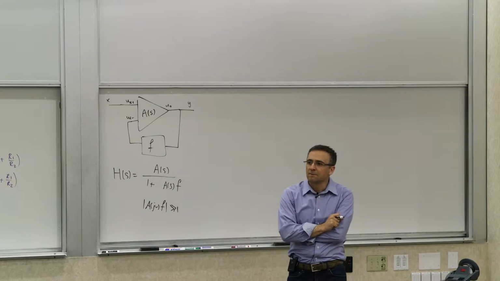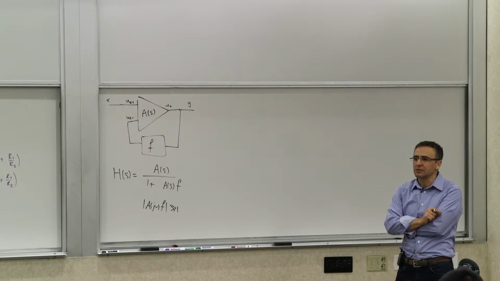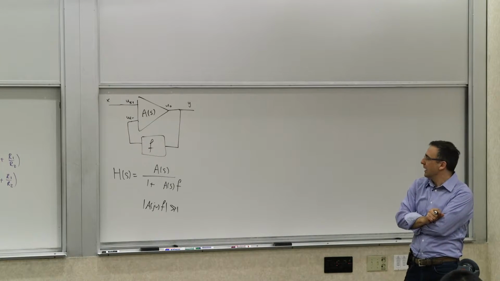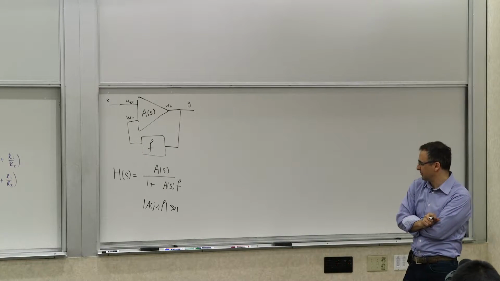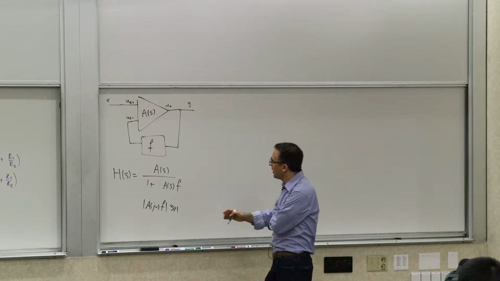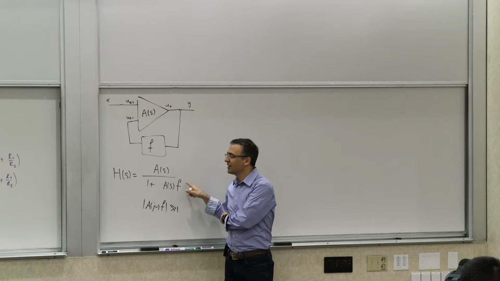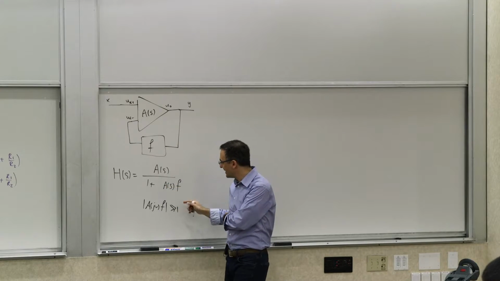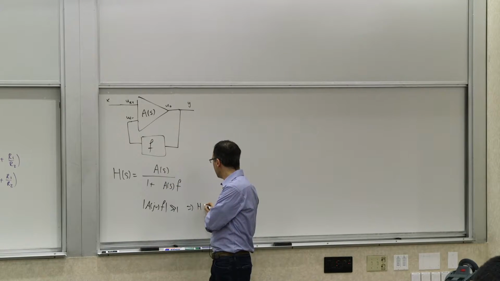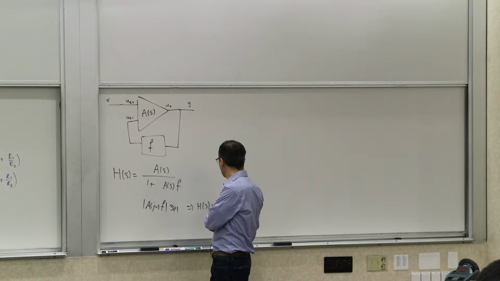What happens in that range of frequencies? If A of j omega F is much greater than 1, then obviously this term dominates in the denominator, and in that range H of S would simply be 1 over F, as before.